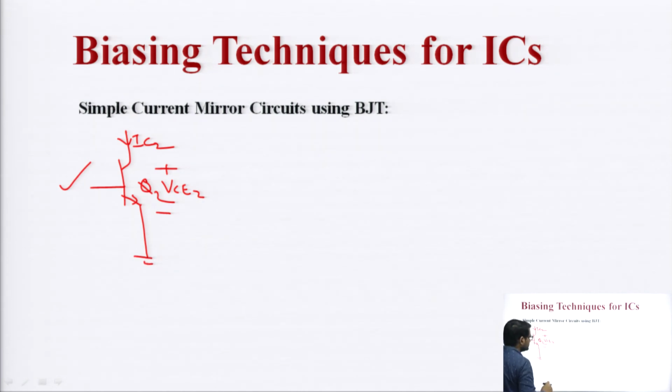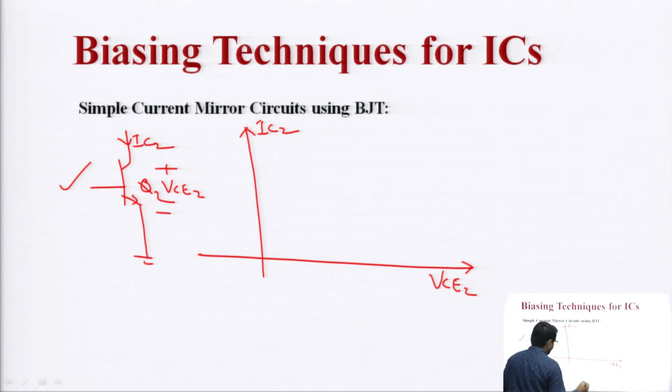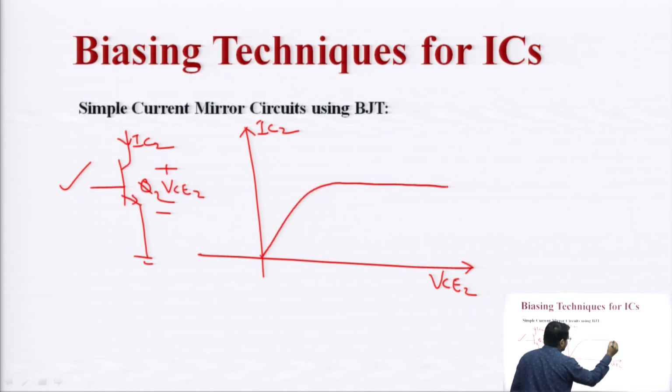Okay. If you plot the graph between IC2 versus VCE2, it looks like this graph for a current mirror circuit.